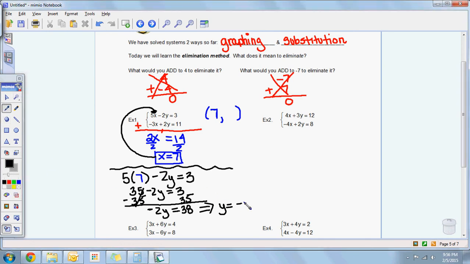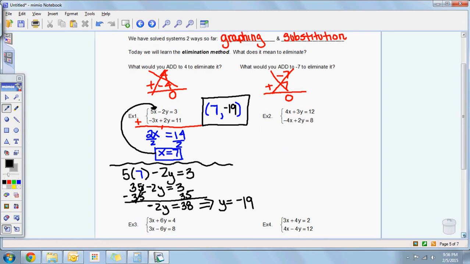Sorry, guys. Okay, so you have your y value here. And you've got your solution to your system. Alrighty? Alright, you try example number 2.